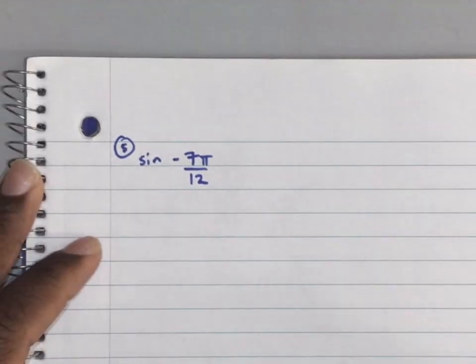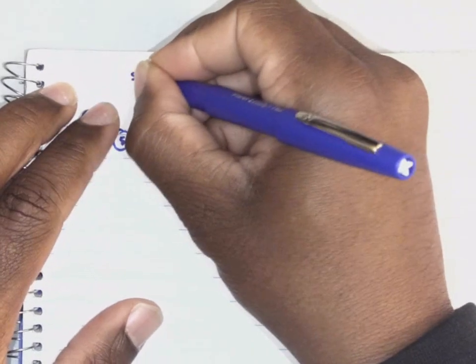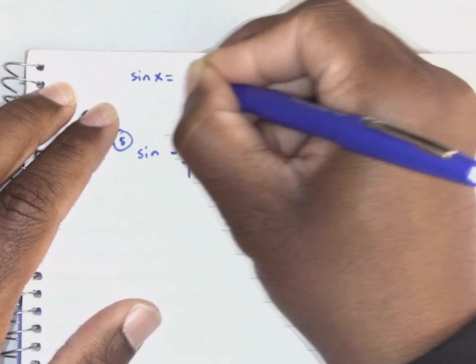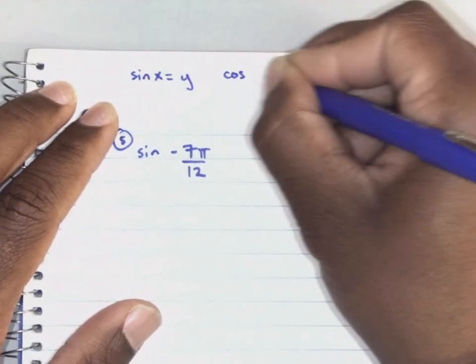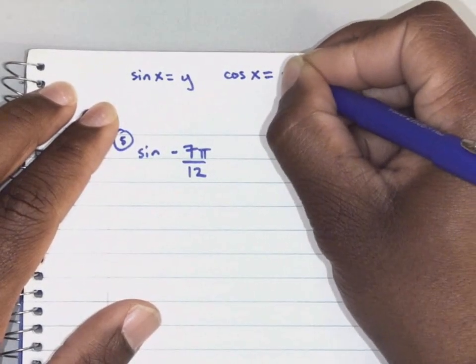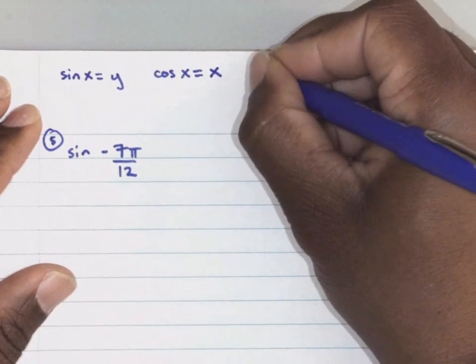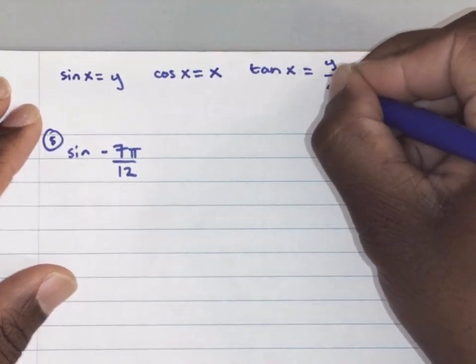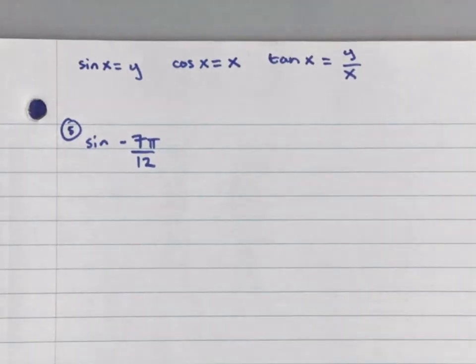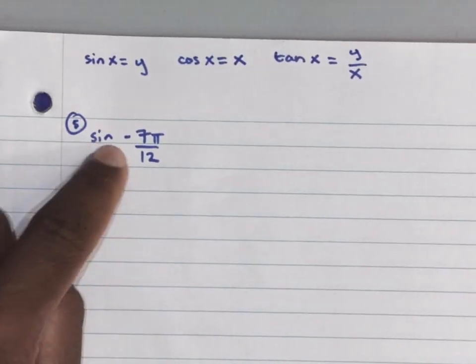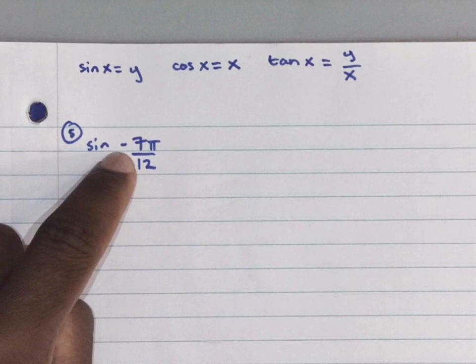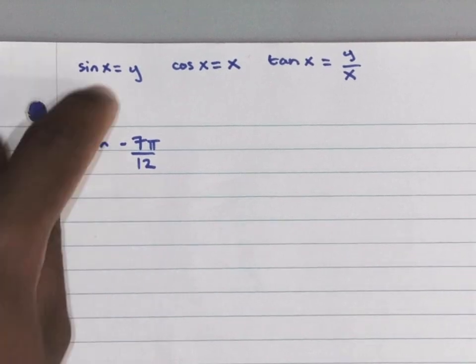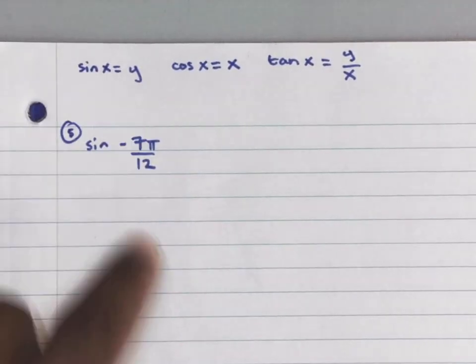Sine of x equals the y coordinate, cosine of x equals the x coordinate, and tangent is a combination of both of those. It is y divided by x. If I saw this angle on my unit circle, I would just get the y coordinate and answer it.